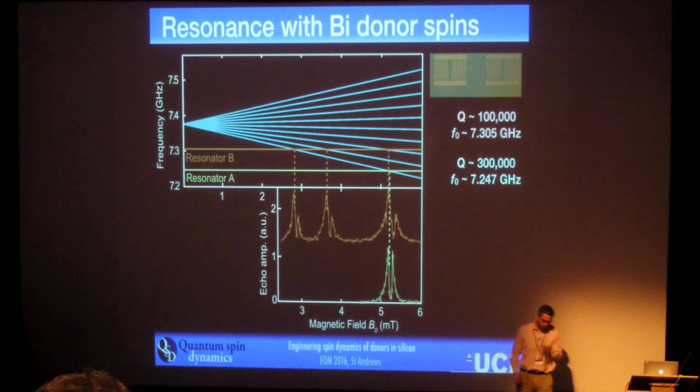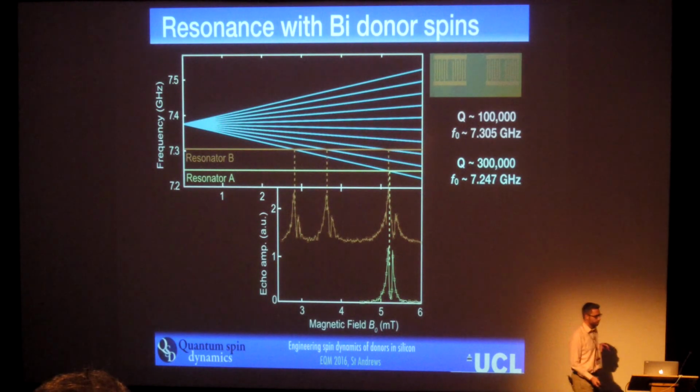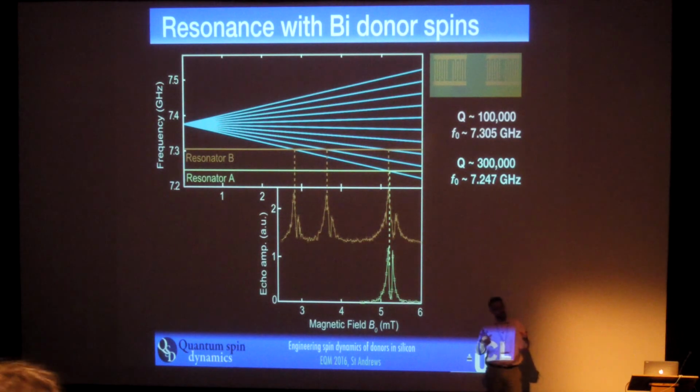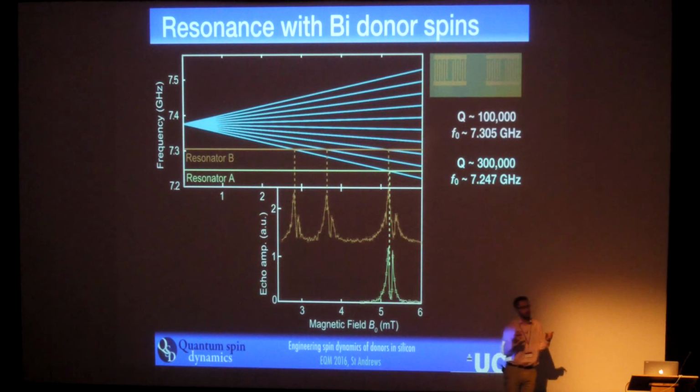Basically, what we're seeing here is an effect of the strain in the silicon on the bismuth donors. Aluminium and silicon have different thermal expansion coefficients. These are spins sitting underneath the inductor, which is just a wire of aluminium, and we're seeing the spins that are more or less underneath the wire within the silicon.